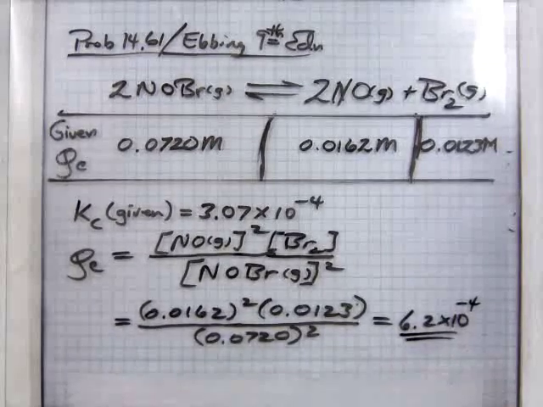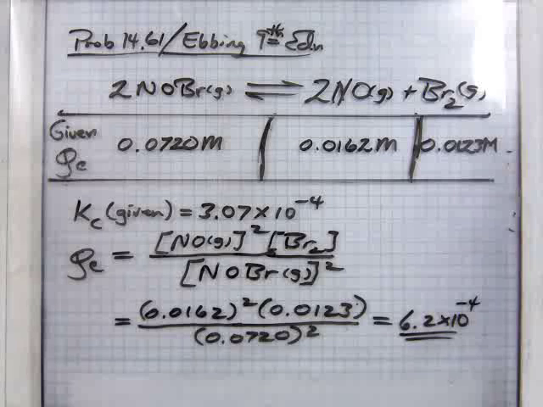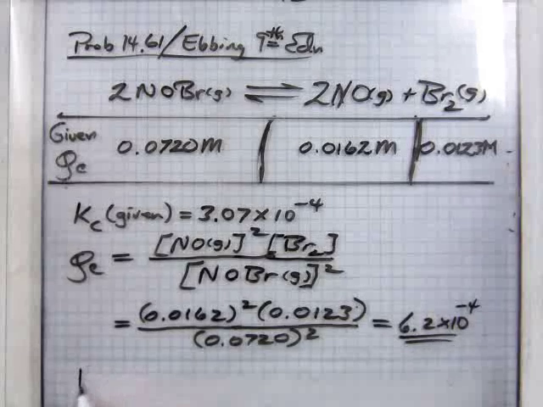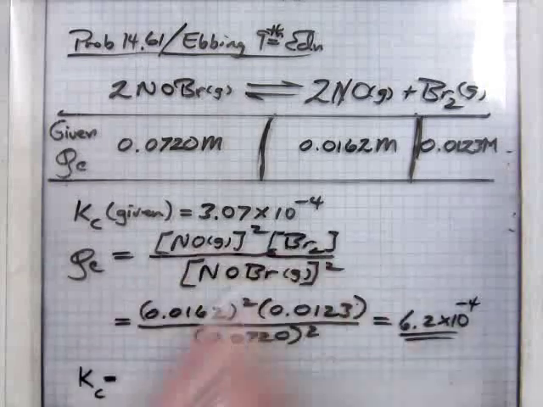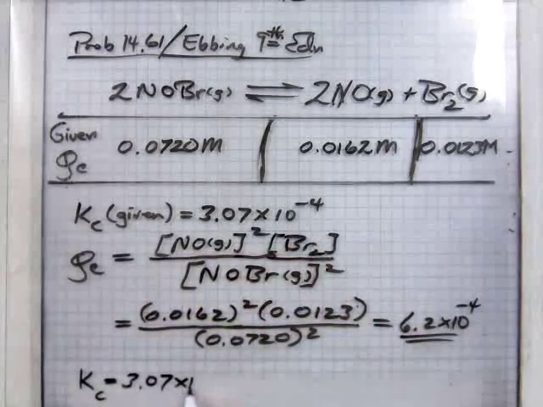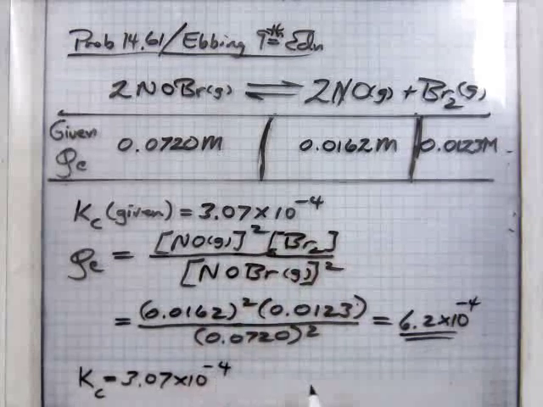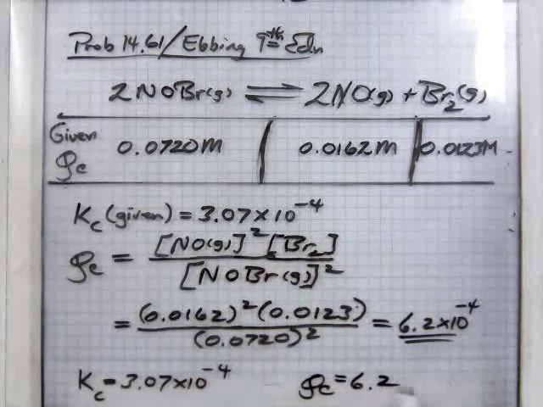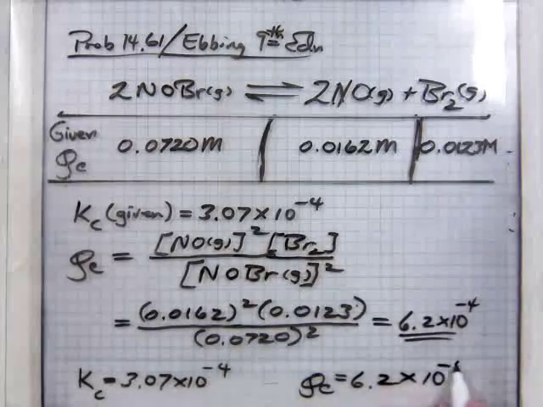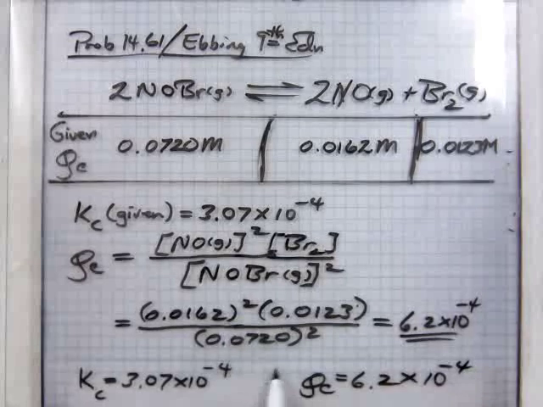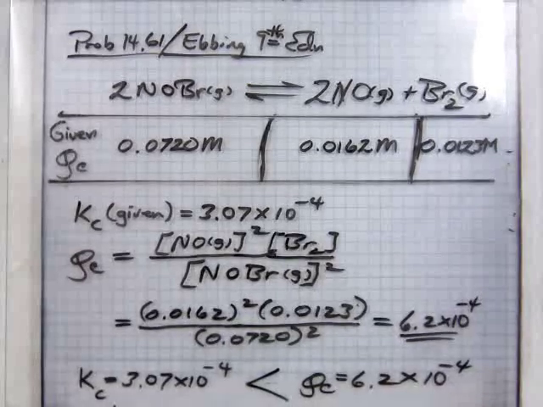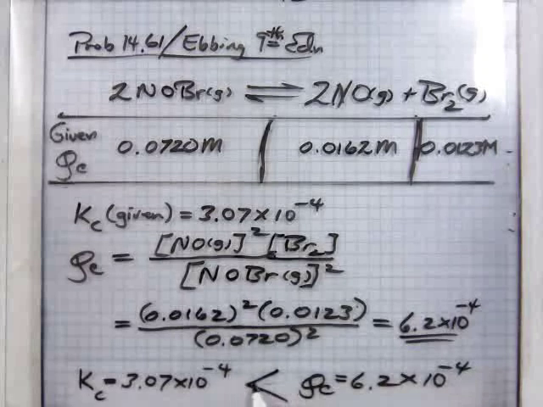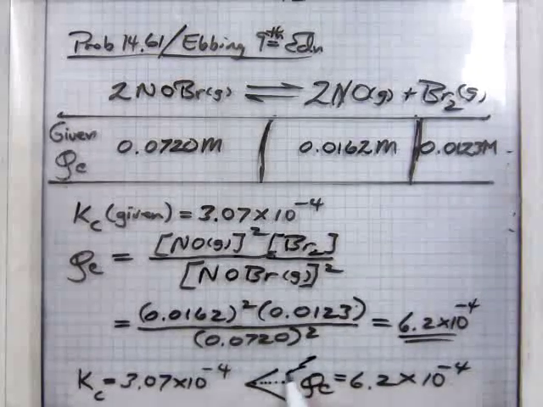So when we compare the QC to the KC, what do we want first? We want to write down QC. What I do is I simply start with KC equals whatever's given, 3.07 times 10 to the minus 4, leave a space in here, write down my QC value, and look at what's bigger or smaller. So when I look at this, it looks like QC is bigger than KC, so which way is it going to shift? To the right.